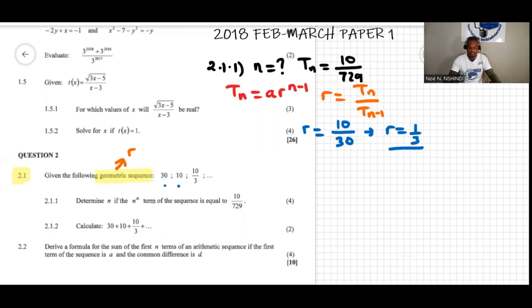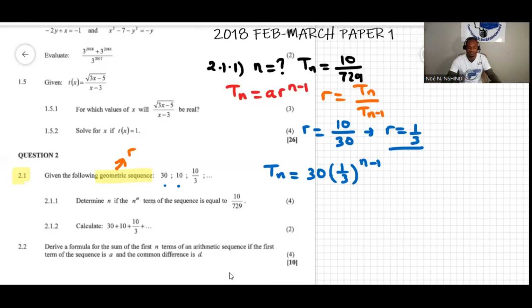Then we can write Tn as the first term in the sequence, which is 30, times r, which is 1 over 3, to the power of n minus 1. But now the question says that Tn is given.